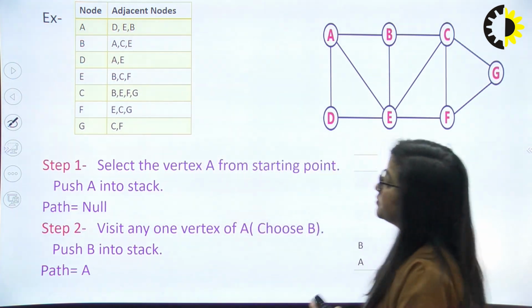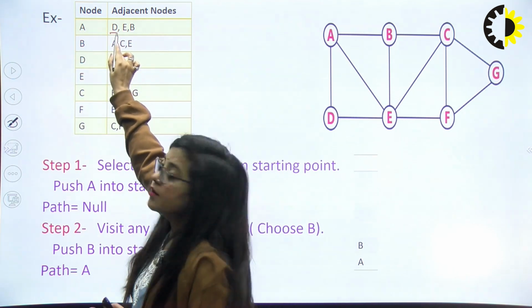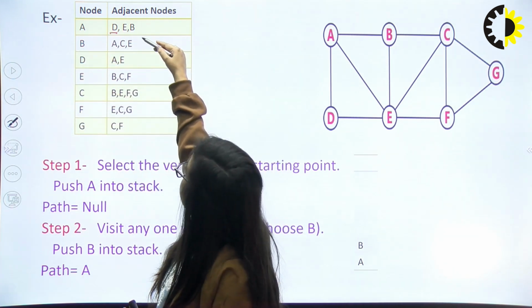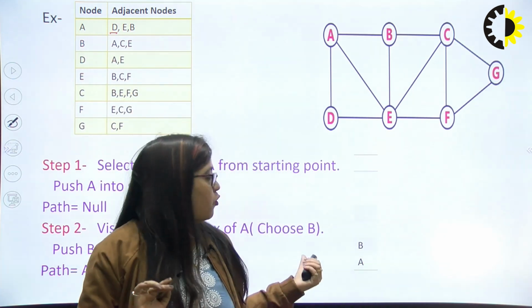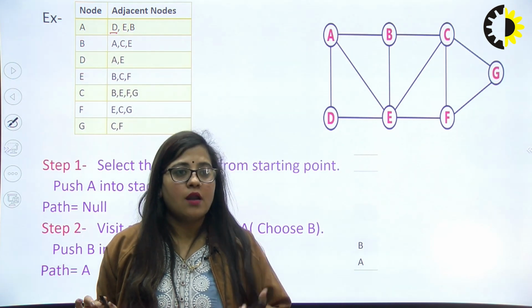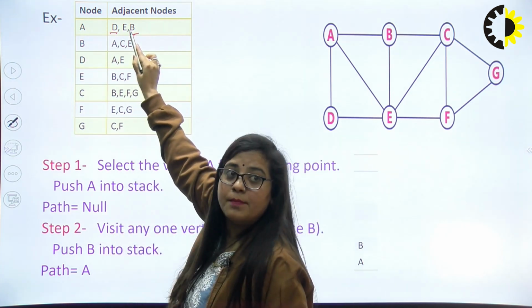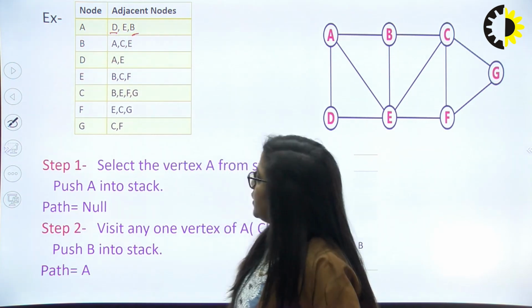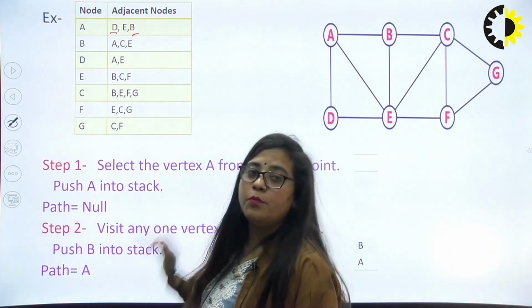In BFS we take output from the front, because it is first in, first out. But in DFS, according to depth, we use a stack. Which principle does a stack work on? LIFO, last in, first out. So the last inserted in the stack is the first output.